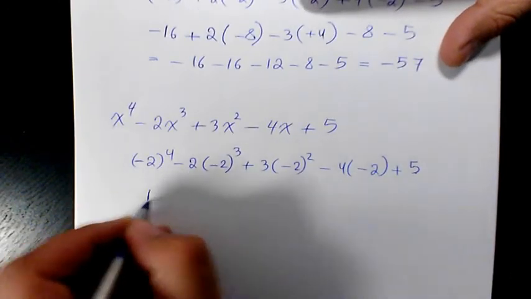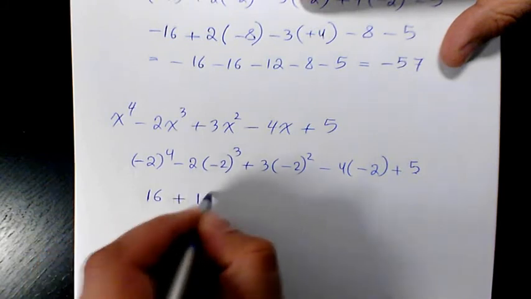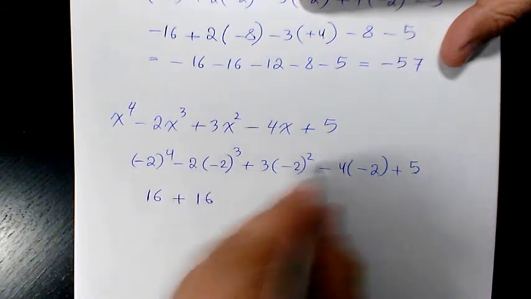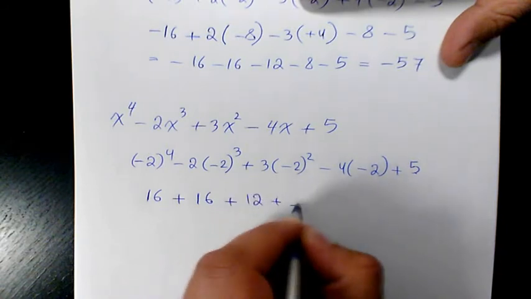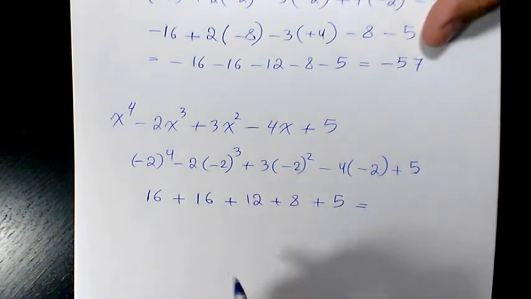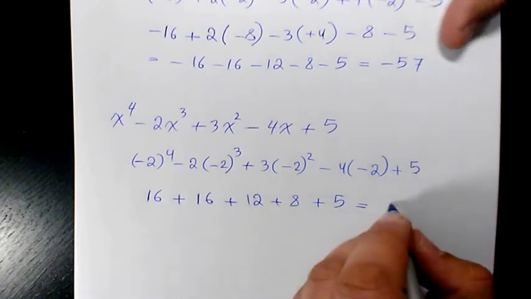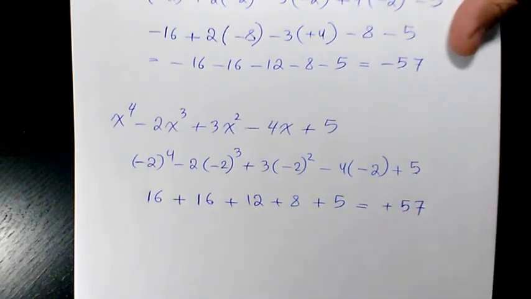That's going to be 16 plus 16, then we have plus 12 plus 8 and plus 5. So in that case, it's going to be positive 57.